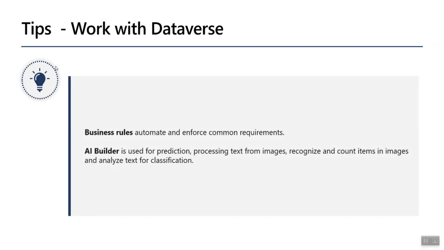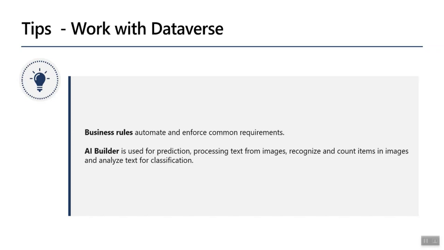Okay, let us look at the business rules. Business rules help you to automate and enforce common requirements. I think we specifically looked at why we need to put the business rule on the Dataverse environment. We configure business rules in Dataverse because, as I told you, within the Power Platform family, you can have Power Apps connecting to Dataverse and Power Automate also connecting to Dataverse.